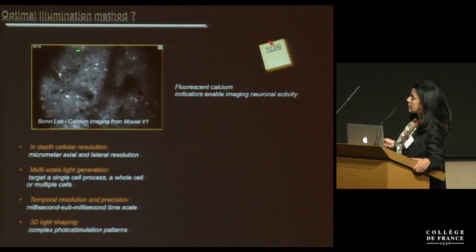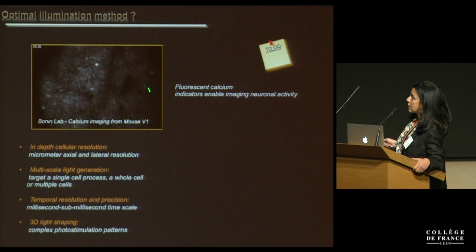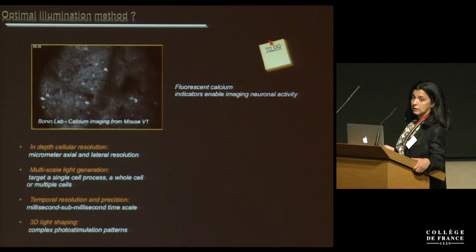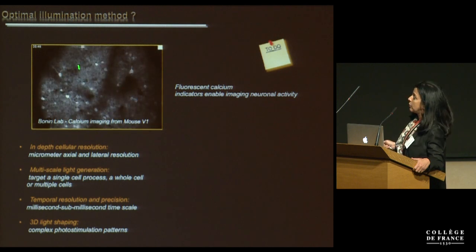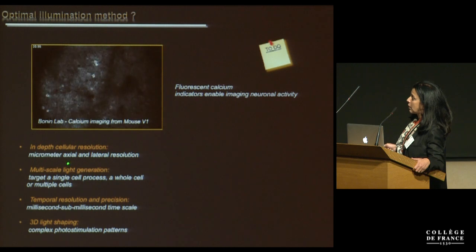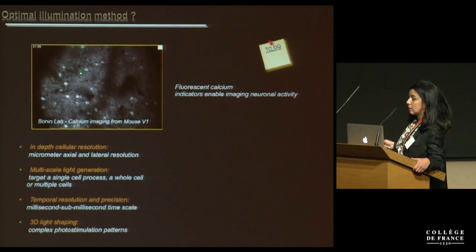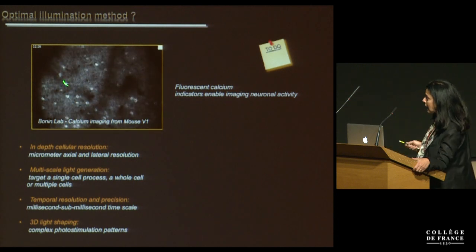Now if we have a similar preparation and we want, for example, to understand how those cells are connected between them, we need an approach that allows in-depth cellular resolution, because as you can see here, there are some cells that have a completely isolated and precise activity. And so you might want, for example, to illuminate just this cell here and not the ones around it.